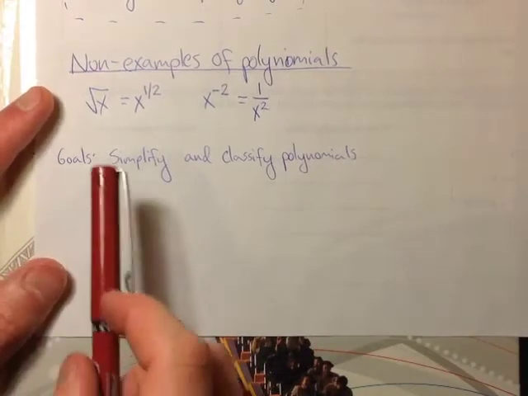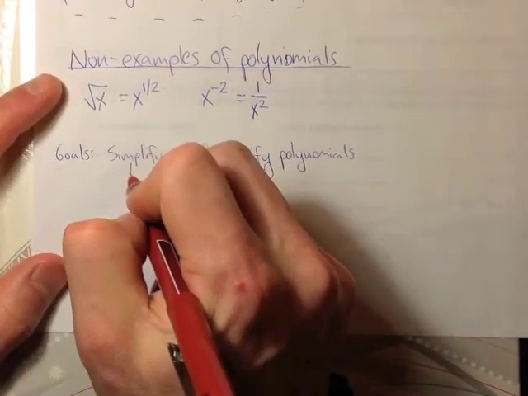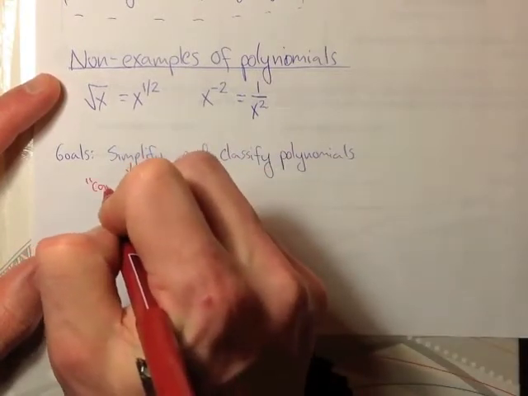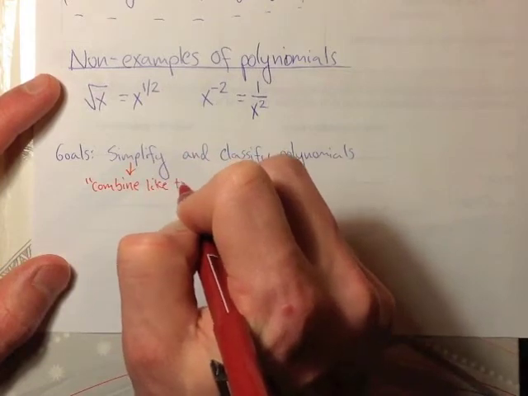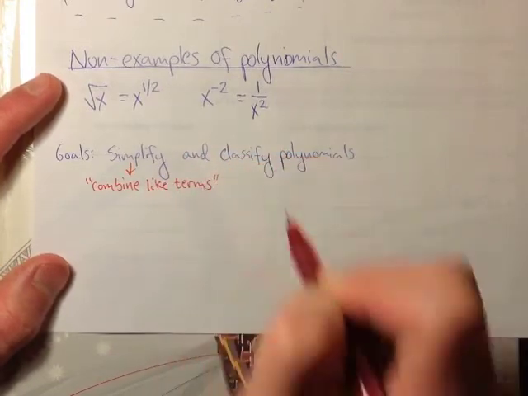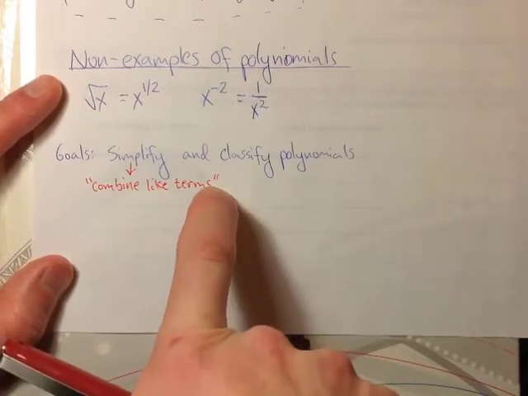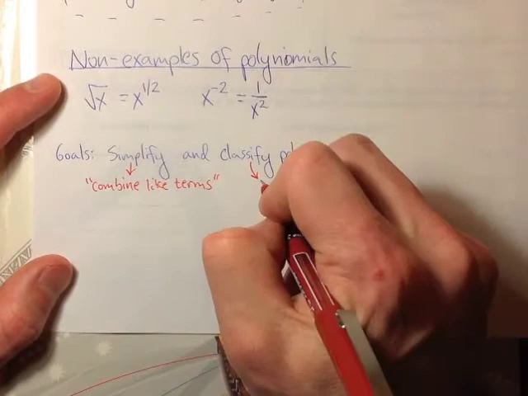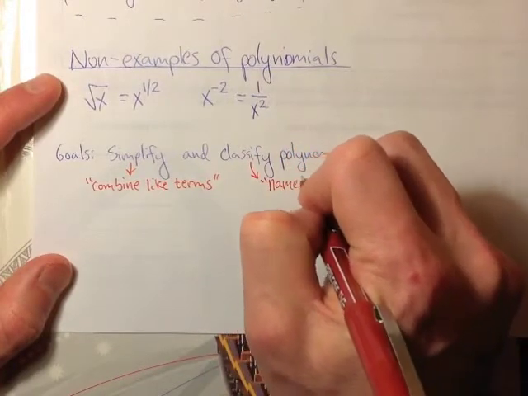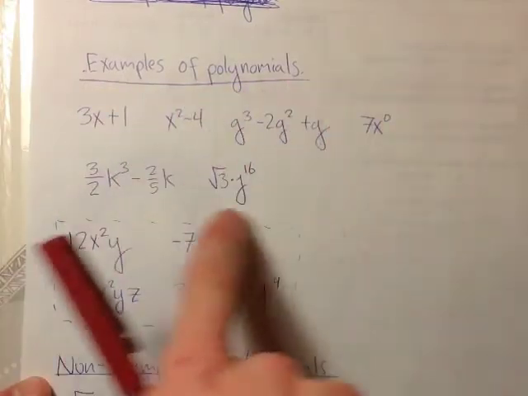Now, when I say simplify, I mean combine like terms. You are already familiar with that phrase, so that should be nothing new to you. We're just going to step it up a notch. And when I say classify, I really mean name. We're going to put a name to all these sorts of polynomials, especially the ones that we're going to look at in class a lot.